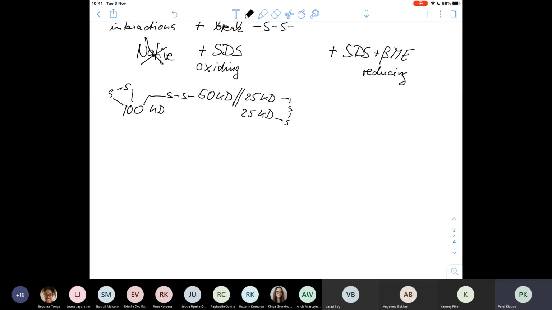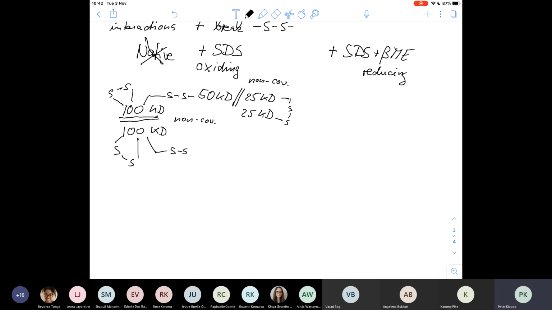So here, this is a non-covalent interaction. But it gets worse. This thing is also connected through non-covalent interaction, yet with another 100 kilodalton band, which has an internal disulfide bond.